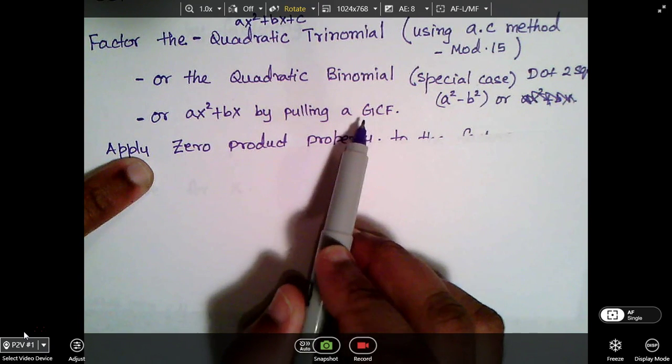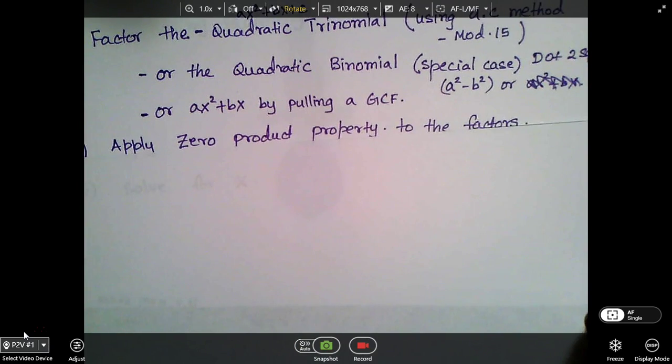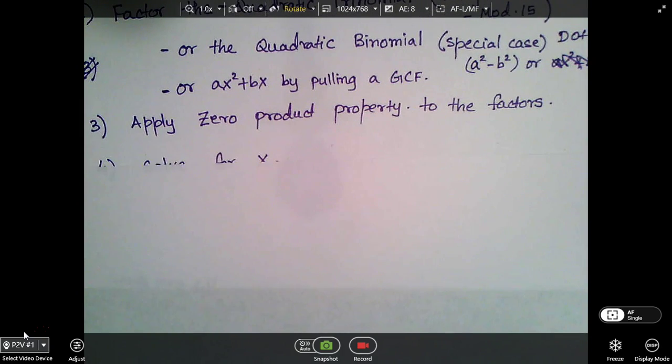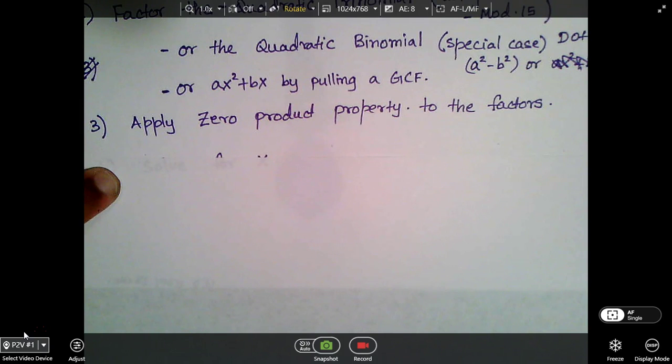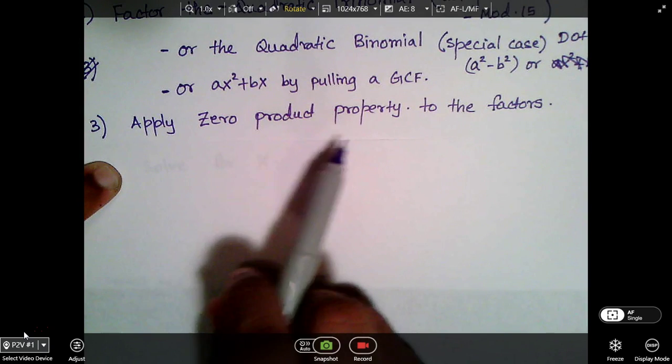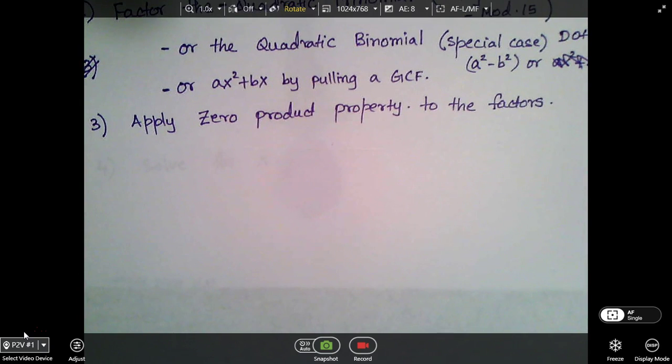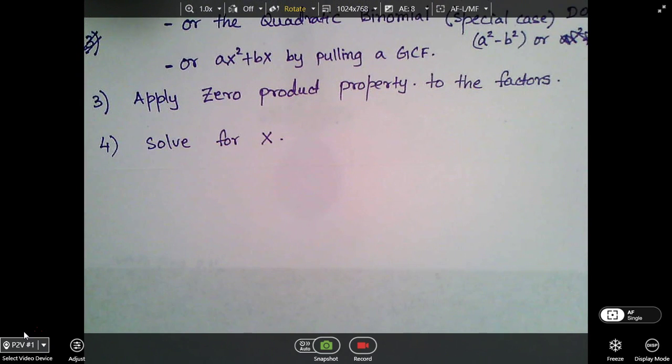Once I factor my quadratic trinomial or the quadratic binomial, I'm going to apply something called a zero product property. What is a zero product property? We will see in a bit. We're going to apply the zero product property to each of the factors, and then I will be able to solve for x.